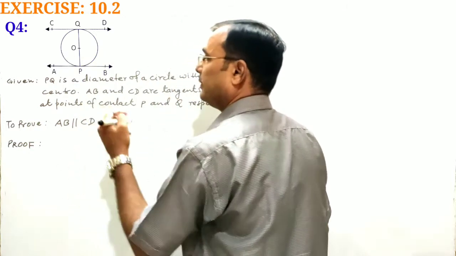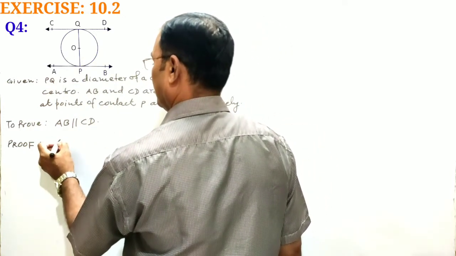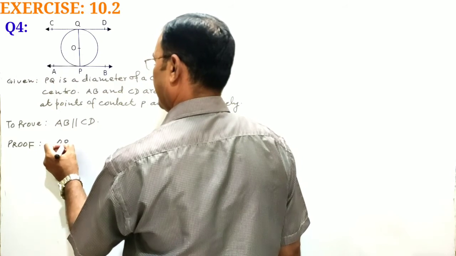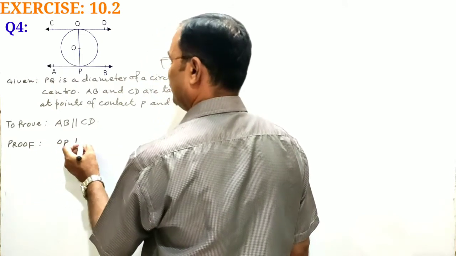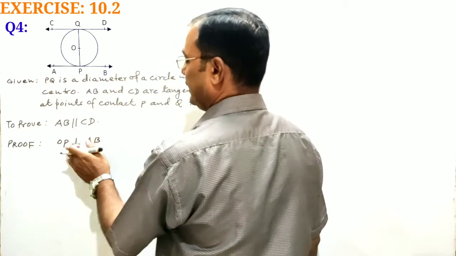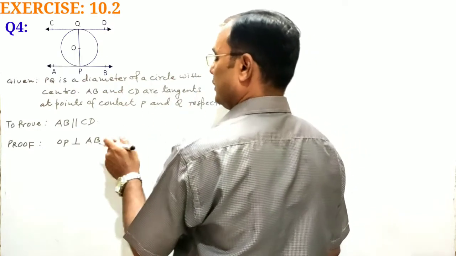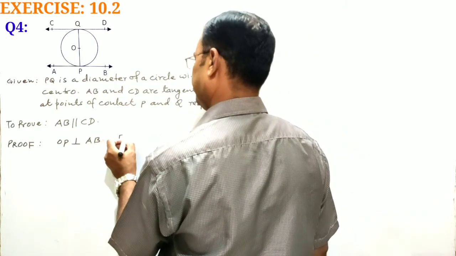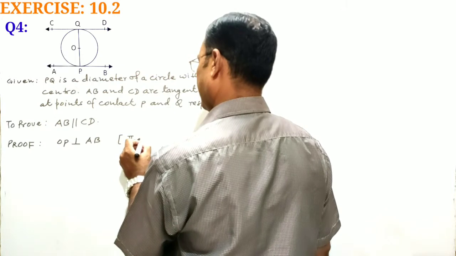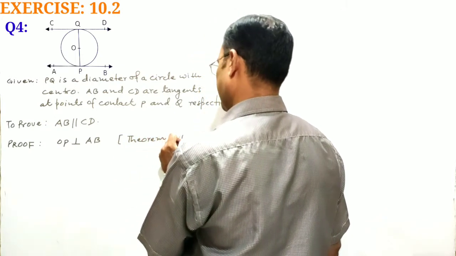Proof, it's a very simple proof. OP is perpendicular to AB as radius through the point of contact is perpendicular to the tangent. Theorem 10.1.